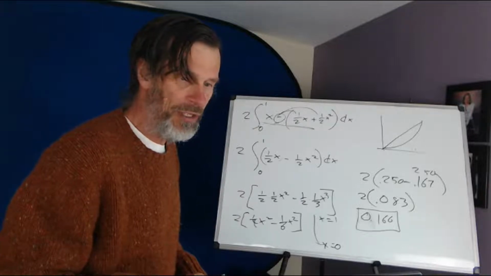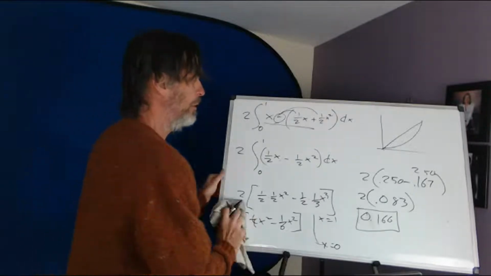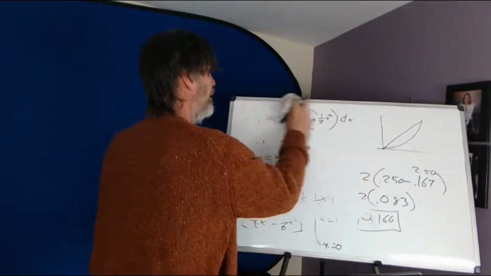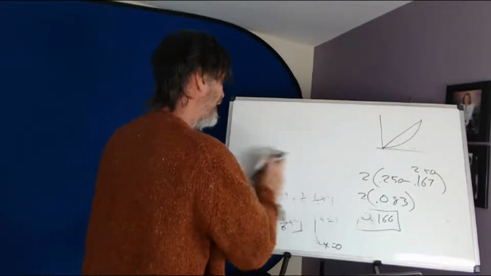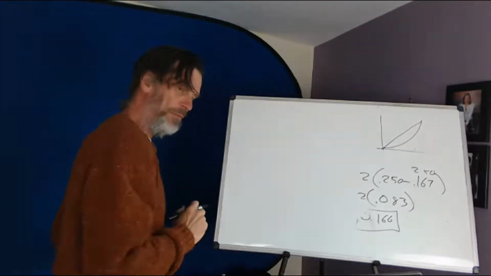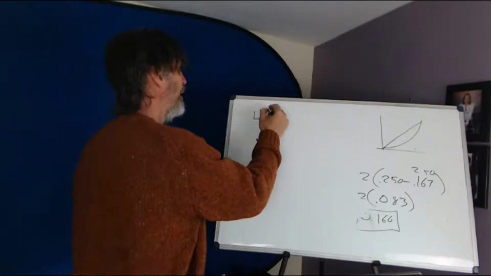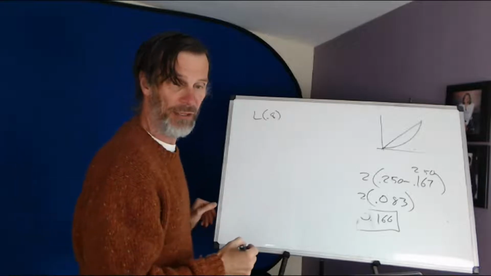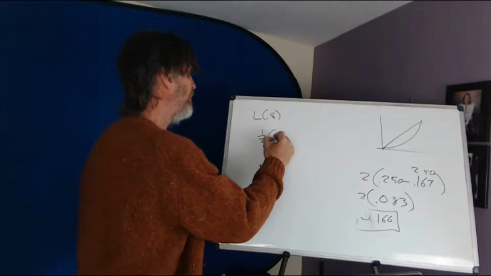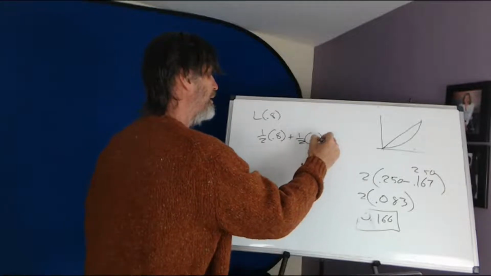What proportion of wealth did the bottom 80% of the population control? That has nothing to do with the Gini index and has only to do with the Lorenz curve. Bottom 80%, so I'm going to do L of 0.8. If I calculate L of 0.8, it's 1/2 times 0.8 plus 1/2 times 0.8 squared.